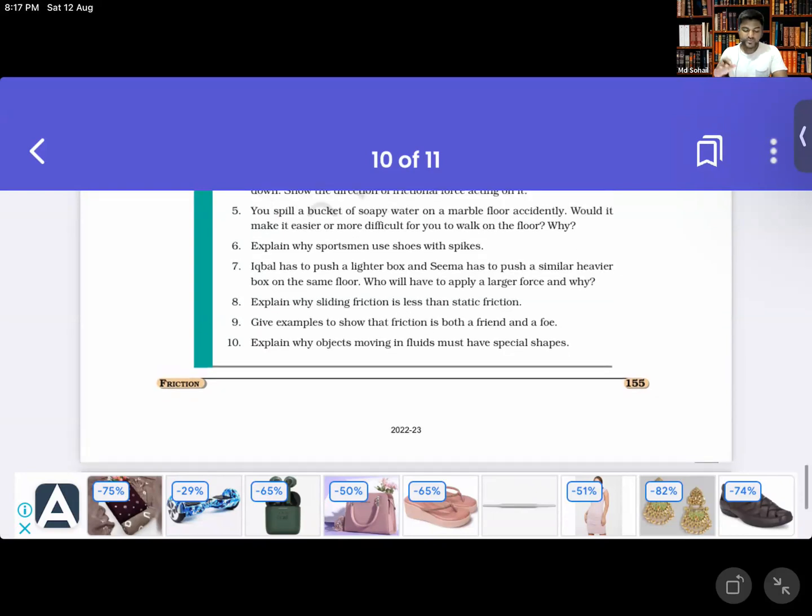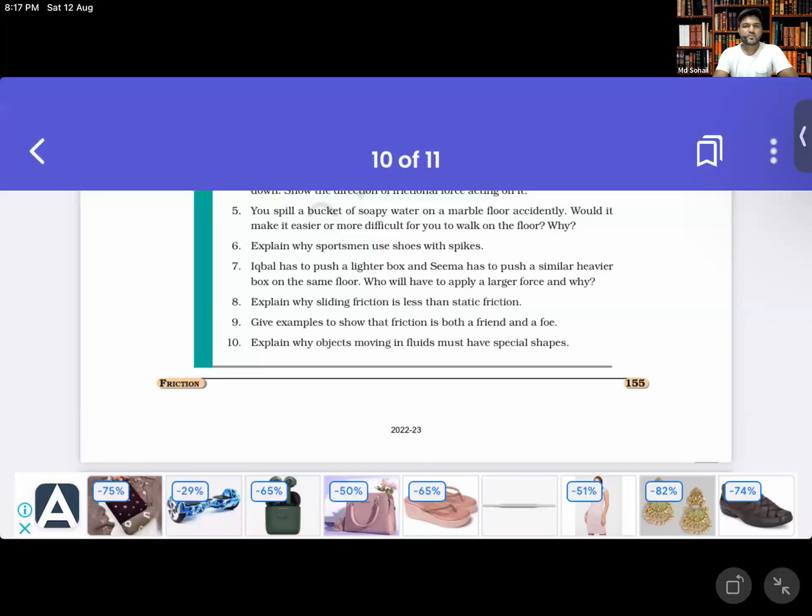Next question. Yeah, question number 6. Sportsmen use spikes since it increases their friction, and spikes give them better grip so they do not slip while running.